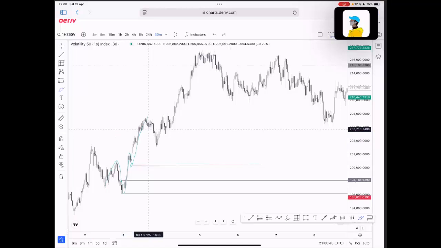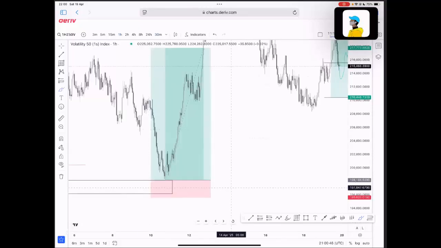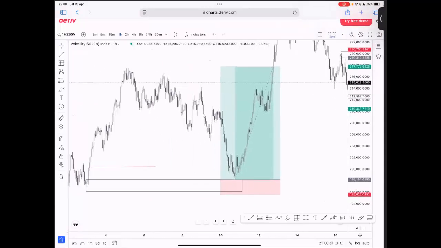So this is like a type B entry model on the 30 minutes time frame. Having something just like this, and then price mitigates, the first thing you're going to be looking out for is your confirmation candlestick at entry.